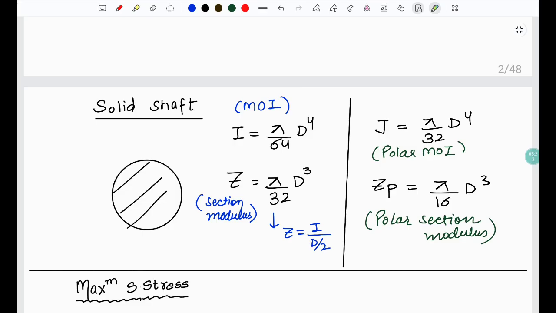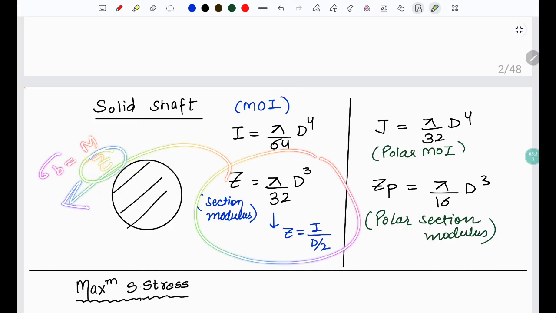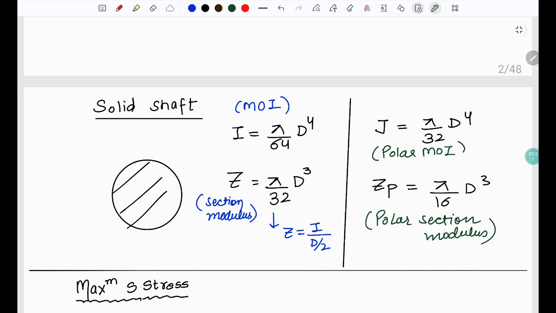So you see, the section modulus pi by 32 d cube often comes in use in the bending stress chapter, where we have to find out the bending stress M by Z, and in that Z is taken as pi by 32 d cube, whereas the polar section modulus will come handy when we have to find out the shear stress in torsion, which is T by ZP. Here ZP is pi by 16 d cube.